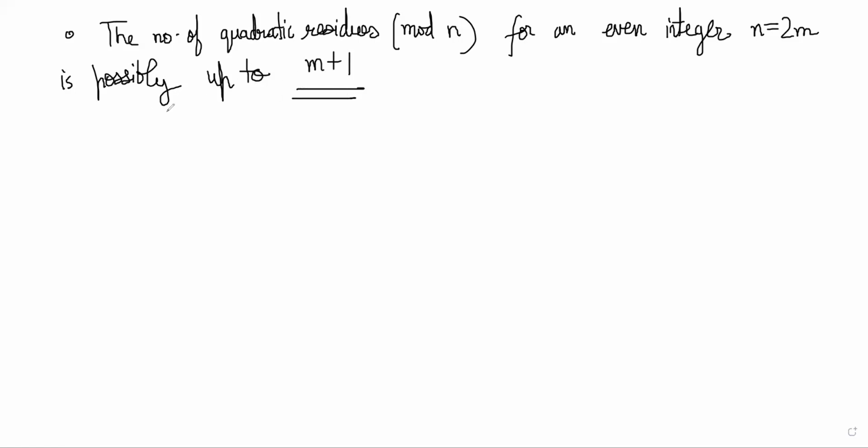So basically, this is the, I forgot to say, maximum number. The maximum number of quadratic residues for an even number n, where n was equal to 2m, is m plus 1. You can confirm this by checking some even numbers.